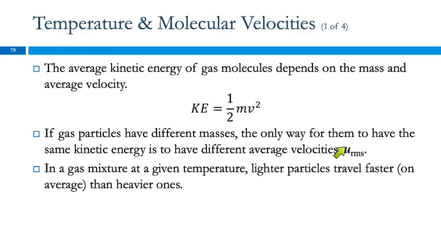It's a root mean square, and it's very similar to the average, but it's kind of different. So in a gas mixture at a given temperature, the lighter particles travel faster than the heavier ones, but they have the same energy. You can have different masses and velocities, but the combination of them gives the same energy.